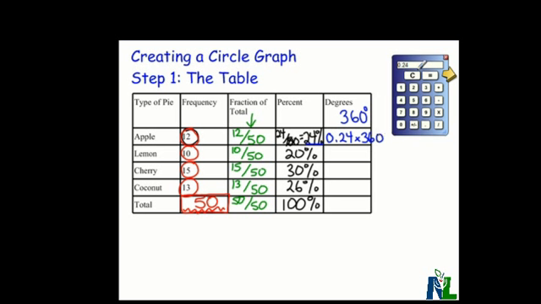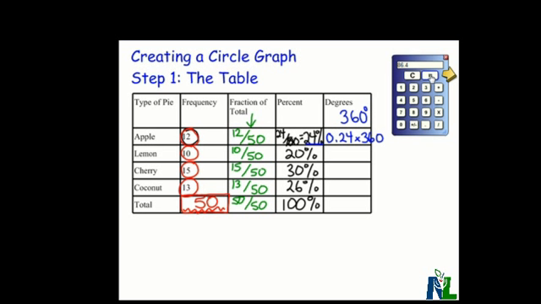So I'm going to write down the workings for this one first. We're going to work it out on our calculator. So 0.24 times 360. And that's going to give us 86.4 degrees.